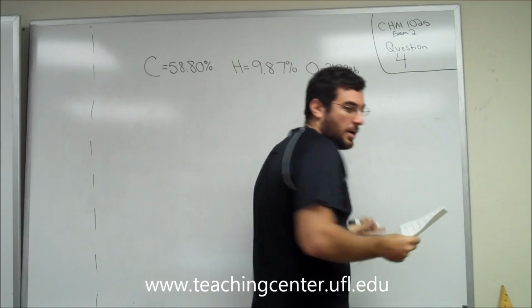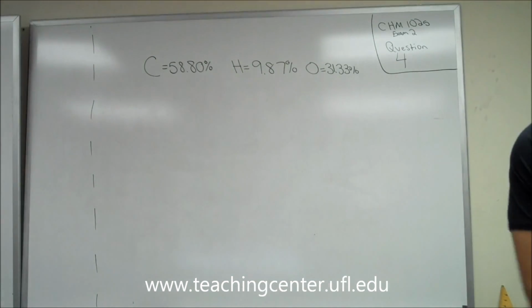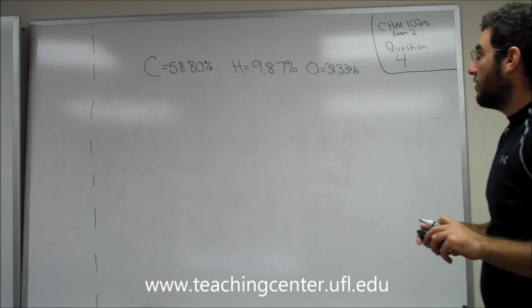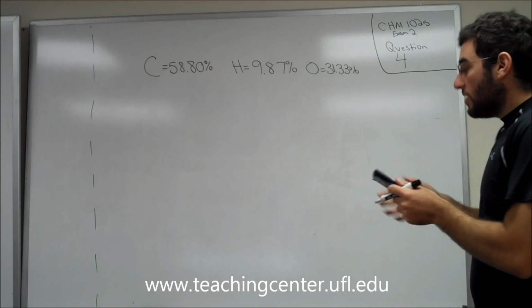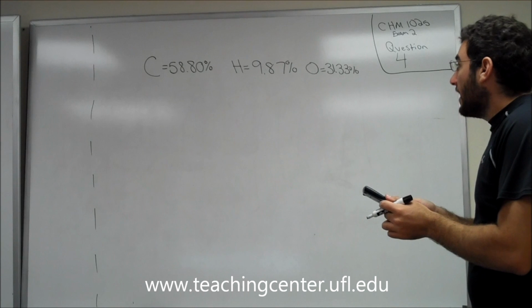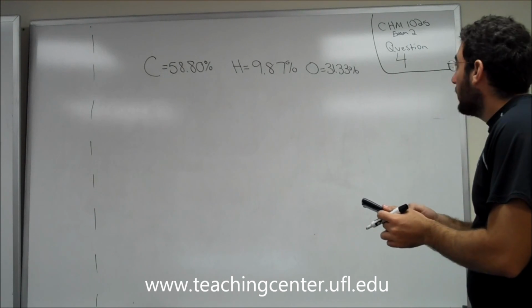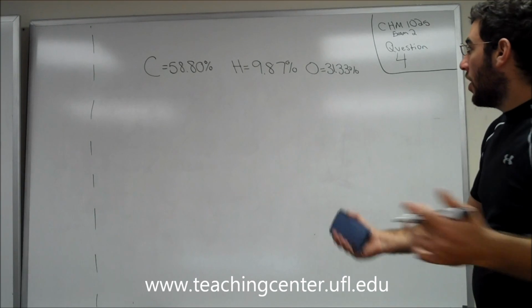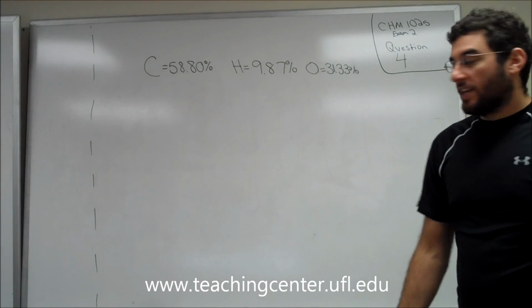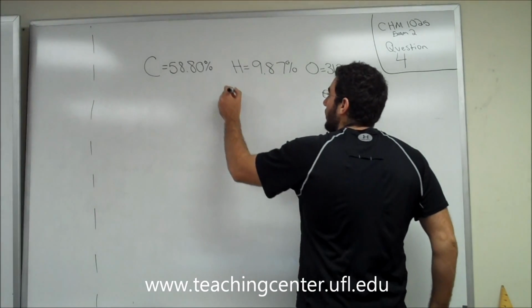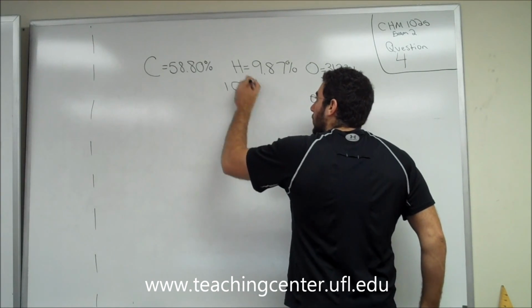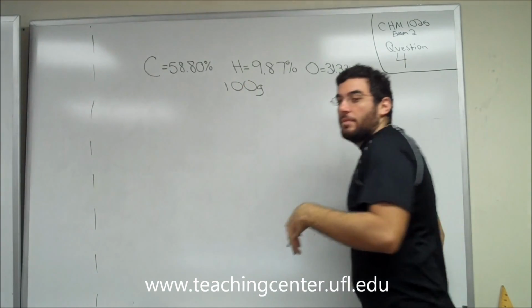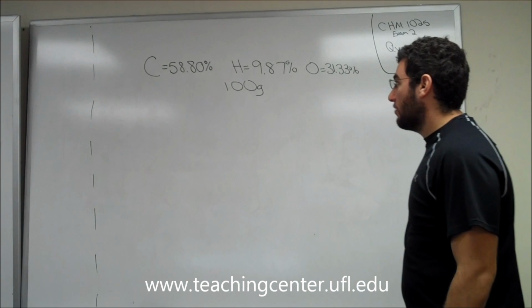Anytime you're doing a percent composition question where it gives you the compositions for each of the three, notice that 58.8 plus 9.87 plus 31.33 is equivalent to 100. So anytime I do a question like this, I just assume that everything equals 100 grams. That way I'm not dealing in percent, but I'm actually dealing in grams.